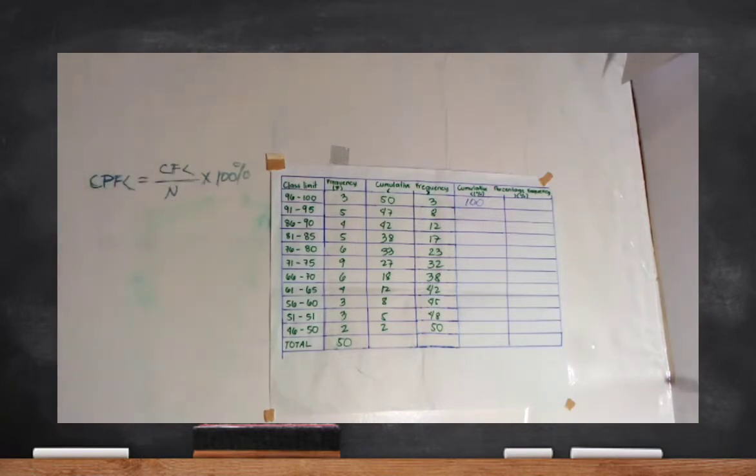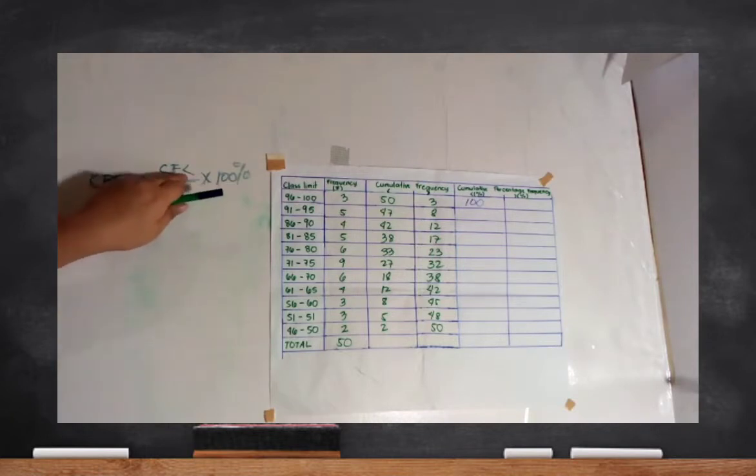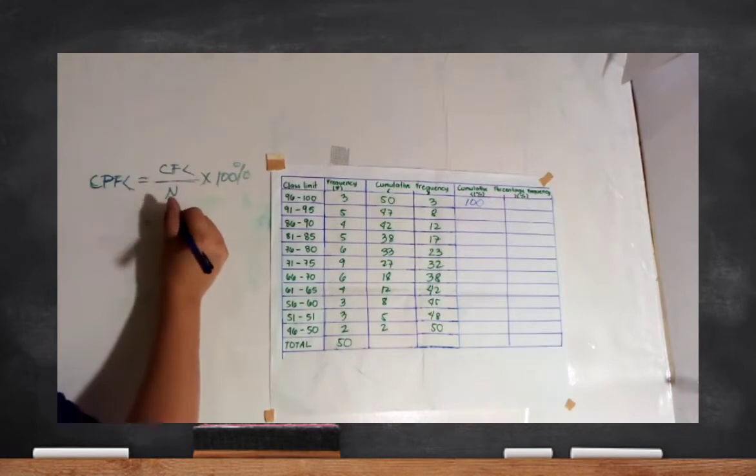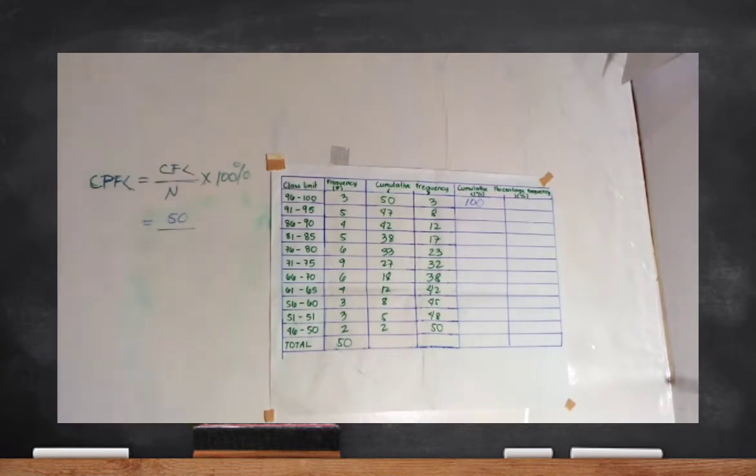So to find the cumulative percentage frequency lesser than, we will divide the cumulative frequency lesser than by the number of cases. So we will write here. In CF lesser than, we have 50. So we will write 50.